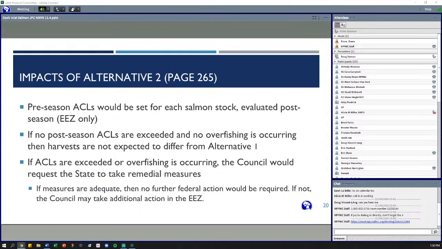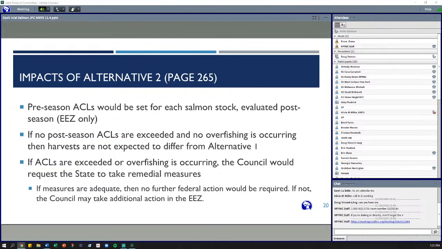Moving into the impacts of alternative 2, I spent a lot of time talking about the application of annual catch limits, and mentioned that existing state salmon management was consistent with the proposed annual catch limits. If this continued, if no annual catch limits were exceeded and no stocks were overfished or experiencing overfishing, then we would expect salmon harvest to remain very similar to what it is under existing management of the stocks.